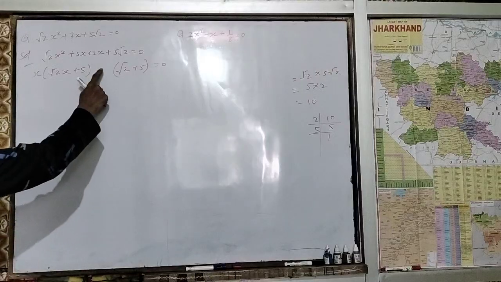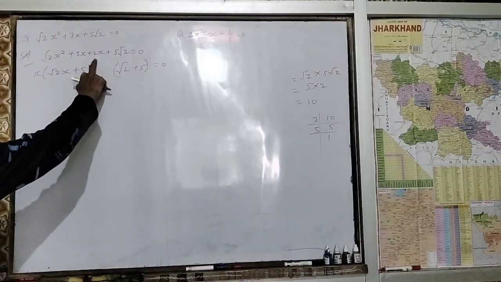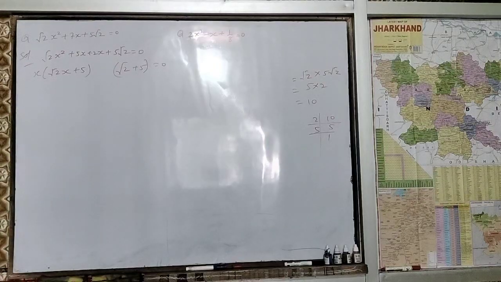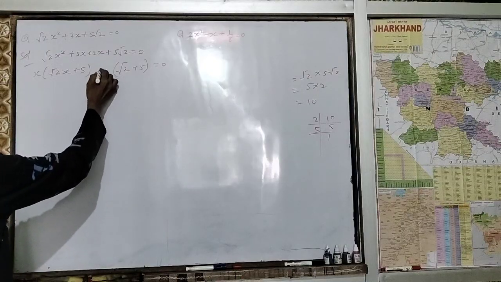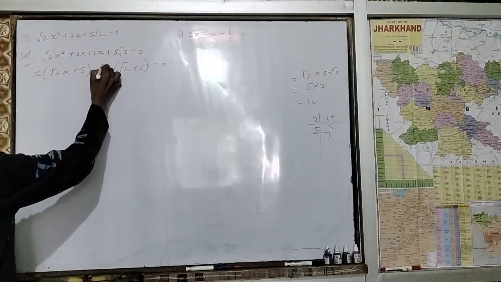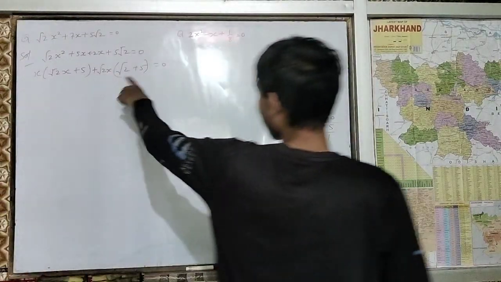Look at over here. What should be that number which will give us 2x? So I think it should be nothing but just root 2x. 2 to the 4 is the perfect square of 2 and x as it is.